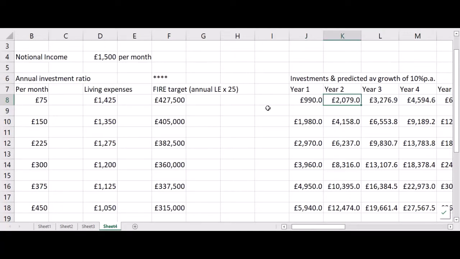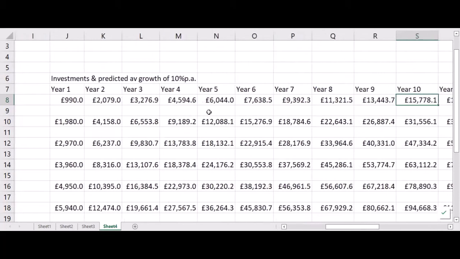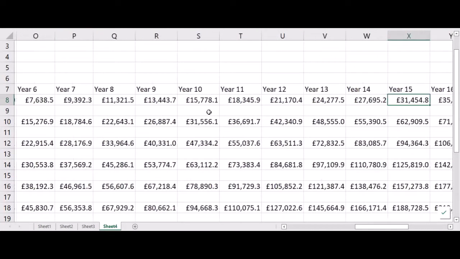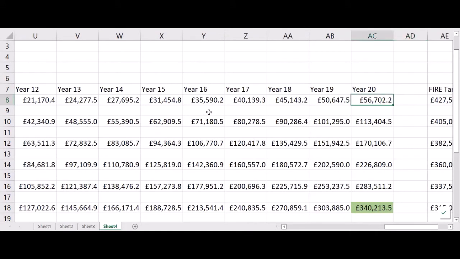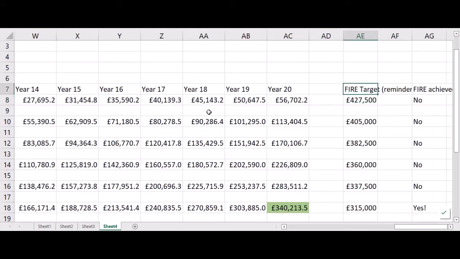Then add to that the growth at the end of the second year, and so on. And you can see the years listed along the top there, and you can see the amount of the portfolio increasing as we go. So there's year 10, 11, 12, 13, and so on. And I've done it as far as year 20, just for this example. And then I've actually put in a wee FIRE target reminder, which just replicates what was on the left hand side there for the FIRE number.